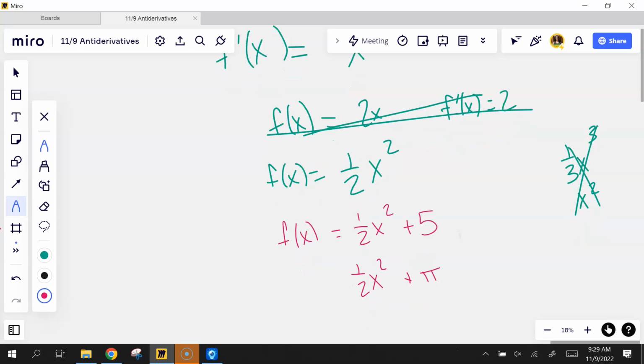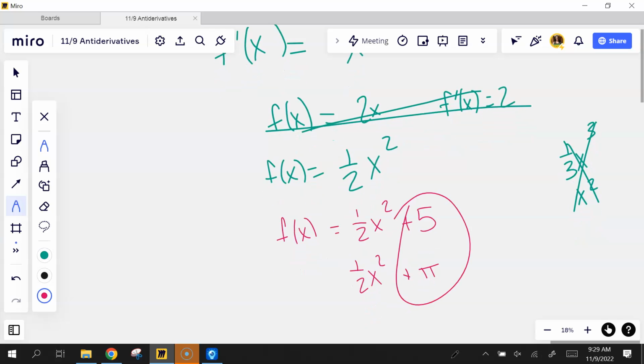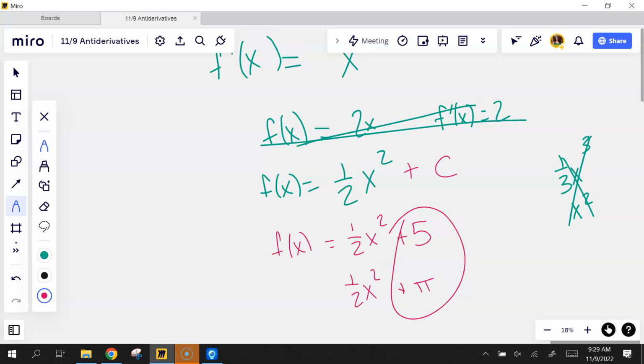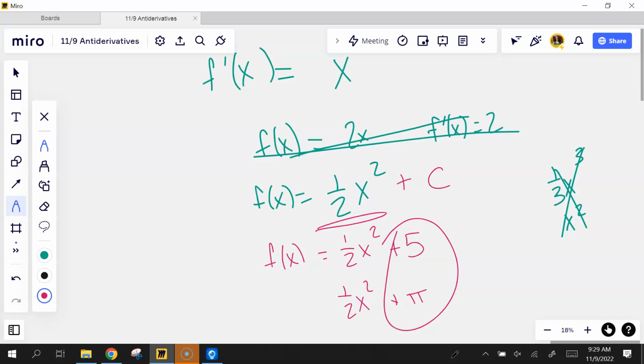In fact, I could put any constant tagged on the end of it. Do you agree? This is your plus a constant. You cannot ever forget it whenever you're doing antiderivatives. Because technically, there's an infinite number of antiderivatives that I could have here that I could go backwards with.